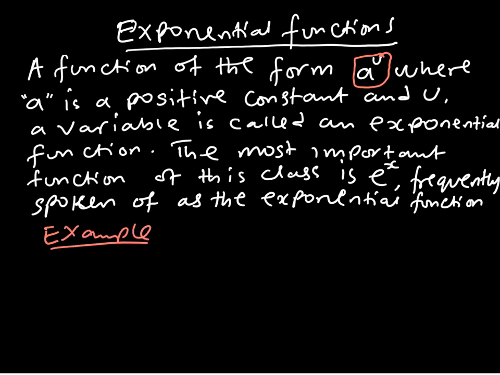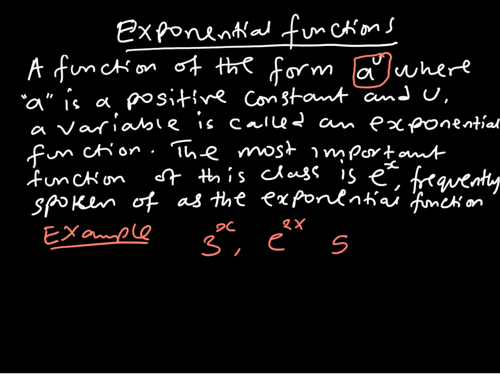if I have a function which is 3 to power x, that is an exponential function. 3 is a positive constant, which is the base, and the power u is a variable here, which is x. If I have e to power 2x, that is an exponential function.